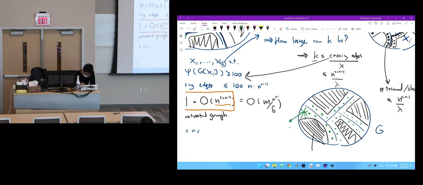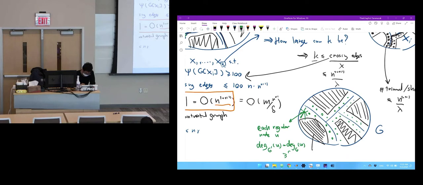Each regular node u has degree in G prime equal to its degree in G, right?